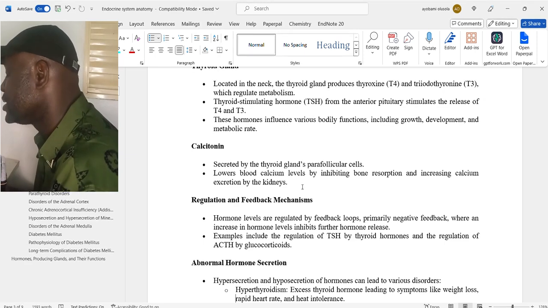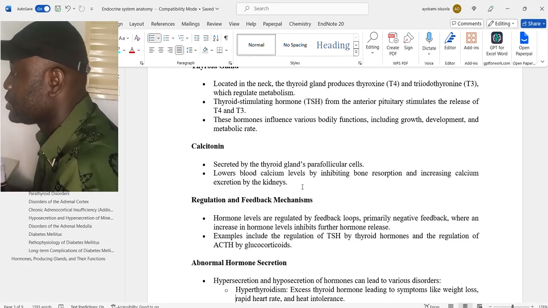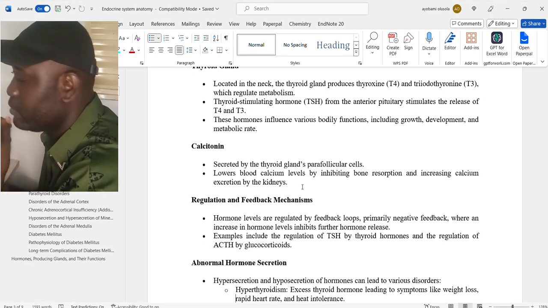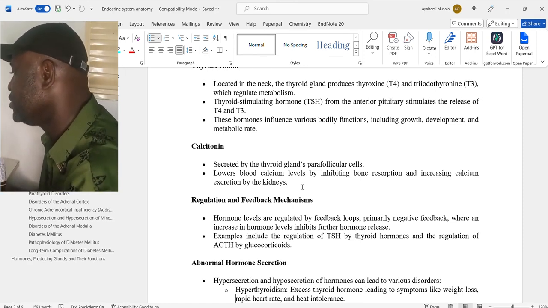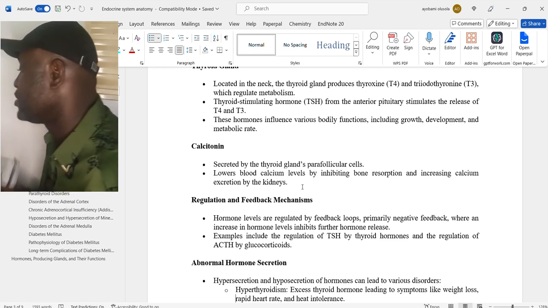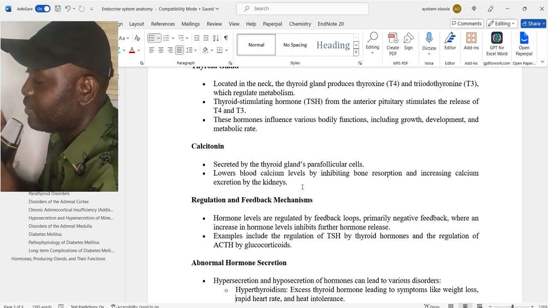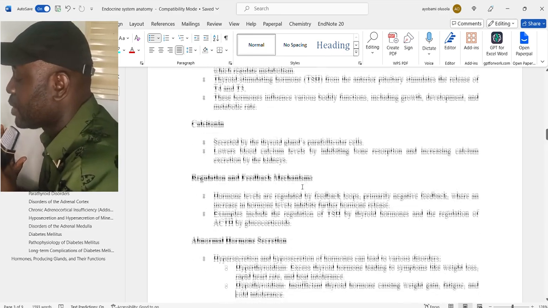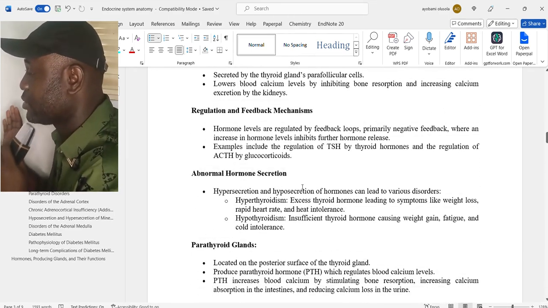We have talked about these under the skeletal system, so I believe you already know the role of calcitonin. It lowers blood calcium, so it causes an influx of calcium phosphate into the bones.